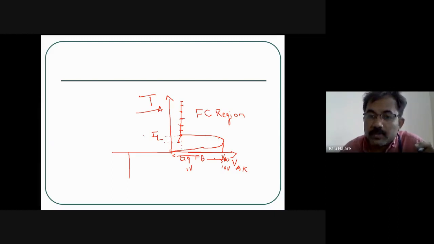After that, you should be very careful in operation just to see the turnoff point, from which current value your device goes off. Just to observe that, you should be careful, otherwise you will not be able to observe that holding current point, and you will not be able to tell what the holding current is.